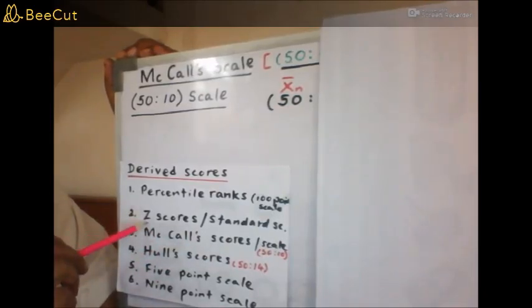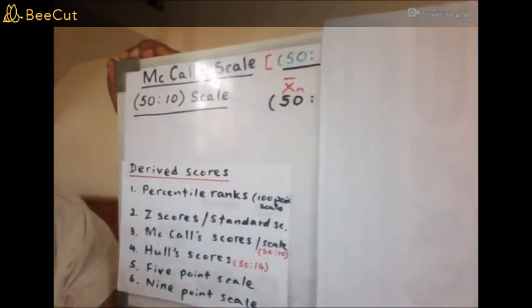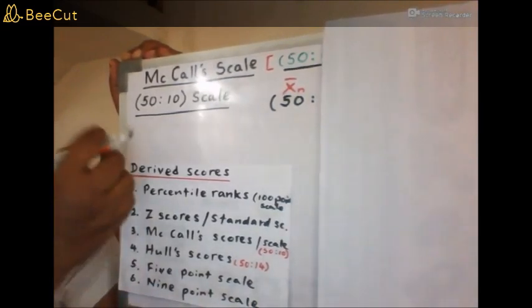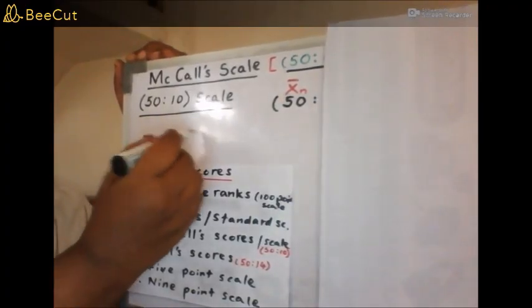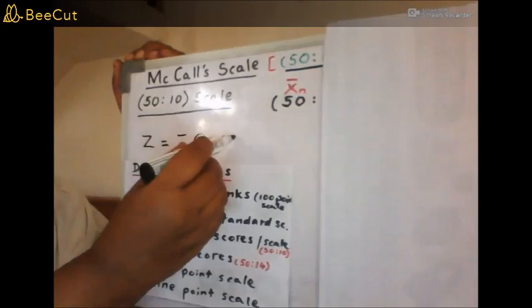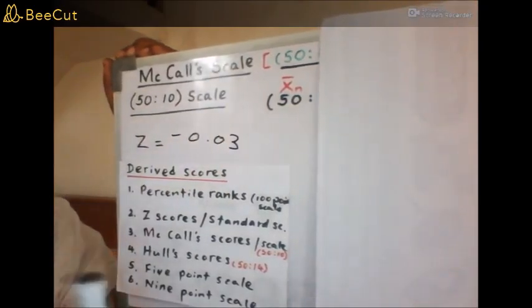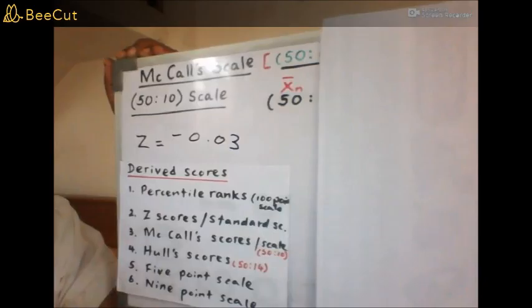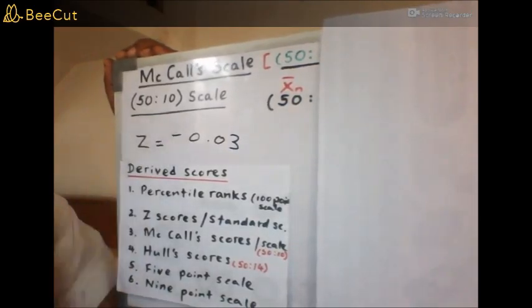Now when we consider the Z scores, you can see there are certain limitations. For example, say Z equals minus 0.03. That's the score. Now, you can interpret this. By this minus value, you can say that the child has scored below the average of the group.